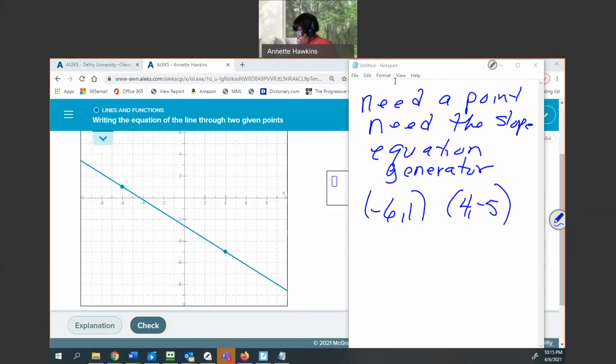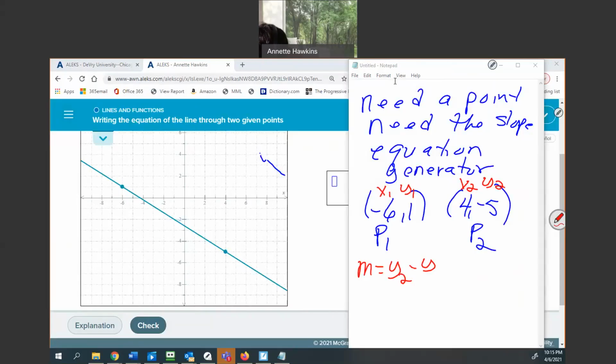Okay. Now we have got to find the slope this time. Let's call this point 1. This is point 2. If this is point 1, this is x1, y1, x2, y2. The slope is y2 minus y1 over x2 minus x1. y2 is -5, y1 is 1, x2 is 4, x1 is -6.